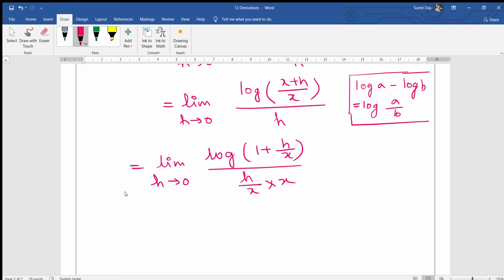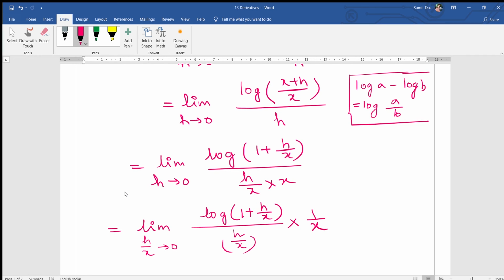So the next line I'm writing limit h by x tends to 0, and here h by x, log of 1 plus h by x, into 1 by x.